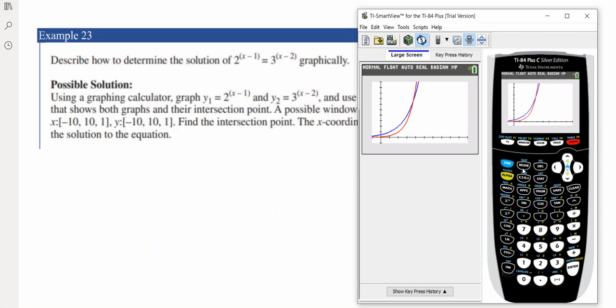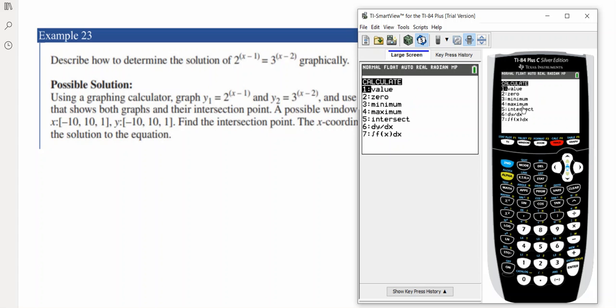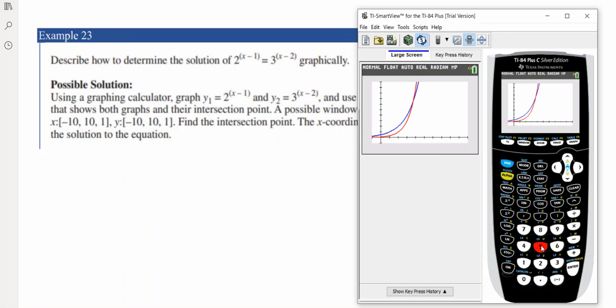So now let's go to calculate, right? So calculate's up here. So we're going to go second, calculate. And now I'm looking for the intersection, right? I'm looking for where those two things cross. So that's going to be 5, or you can go down too, it doesn't matter. I'll just push 5.